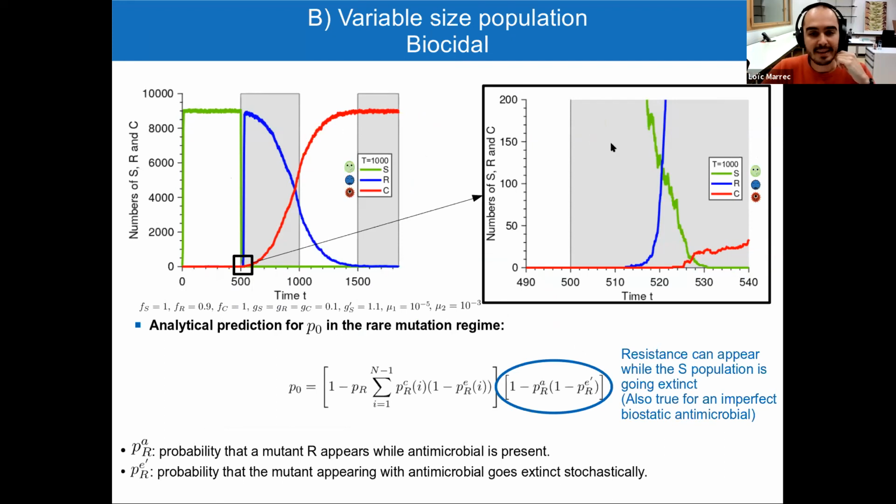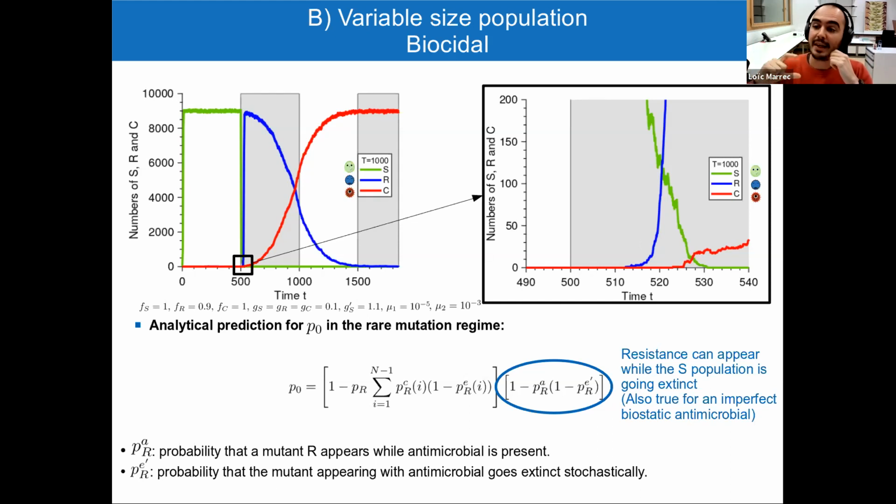As you can see, if I zoom in on this part, a mutant appears while the drug is present. Why is it possible? Because a biocidal drug doesn't prevent the sensitive microbes from dividing.